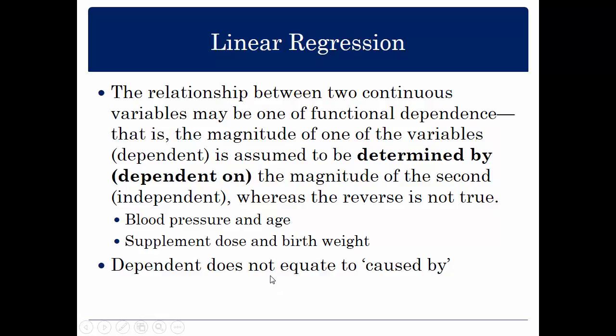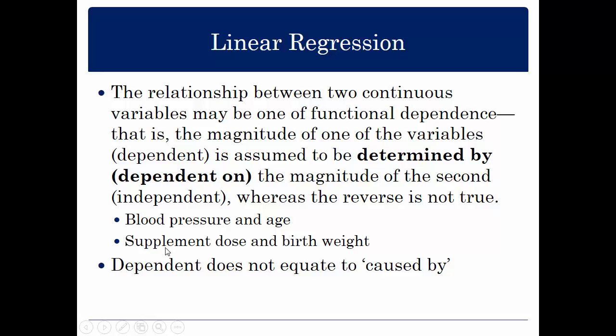Some important points about linear regression. The relationship between two continuous variables in the simplest case may be one of a functional dependence. That is, if you're interested in how your outcome is changing for certain types of changes in your predictor, you're interested in estimating a linear regression model. You want to actually get out estimates that will describe how one changes as a function of the other.